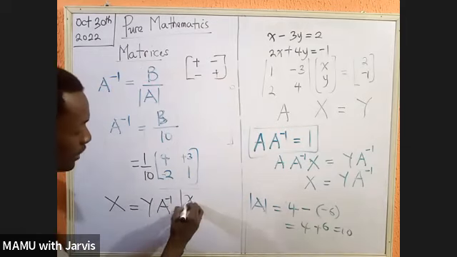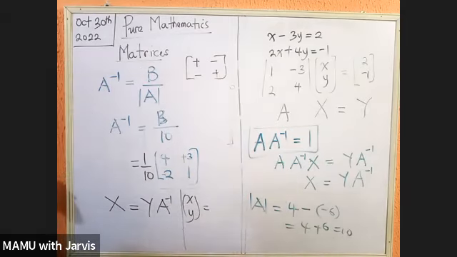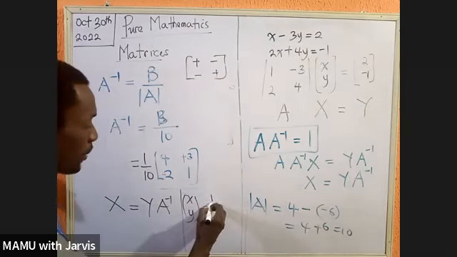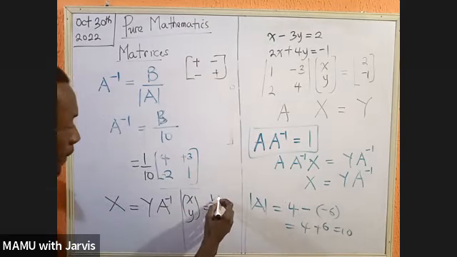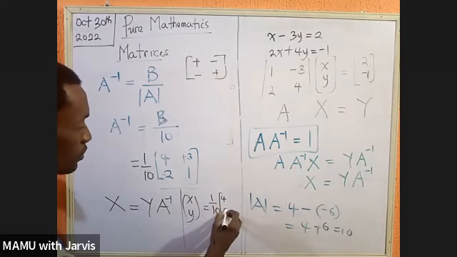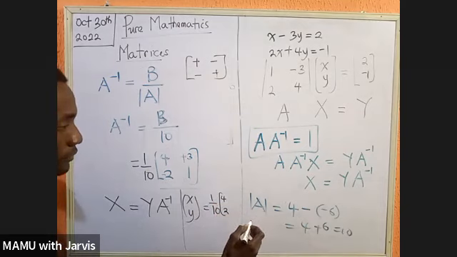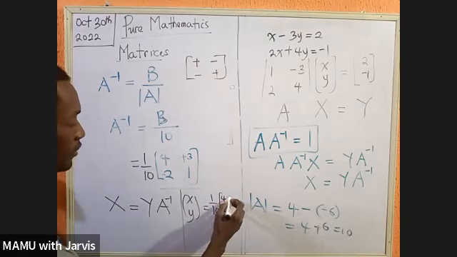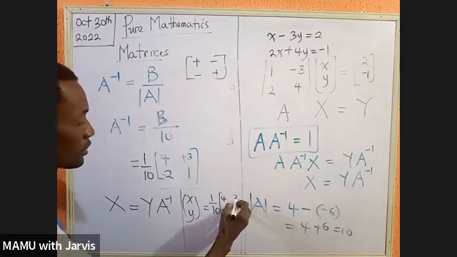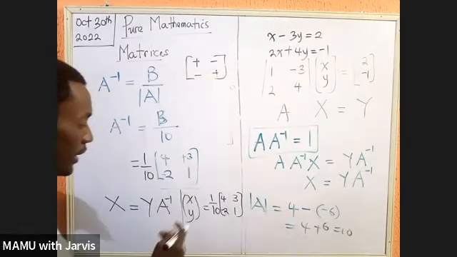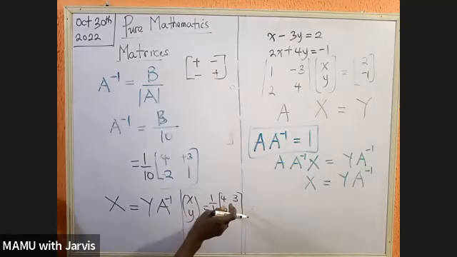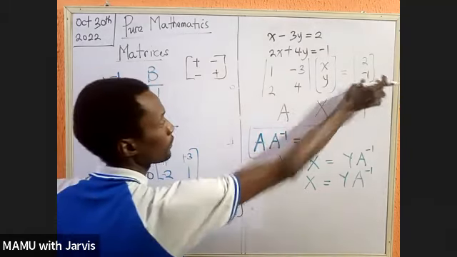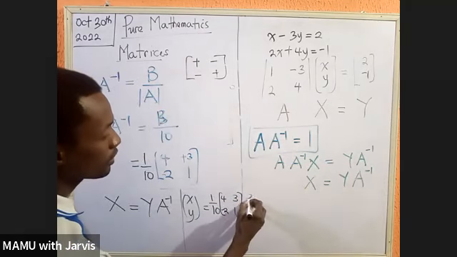X, Y equal to this one, which is 1 over 10 of these values now: 4, 2, and then 4, minus 2, 3, and 1, multiplied by, what am I multiplying by? We're multiplying by this one now, which is what? 2 and negative 1.